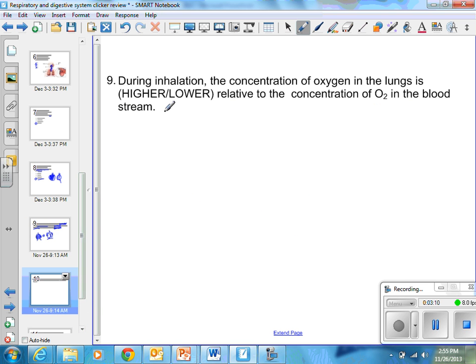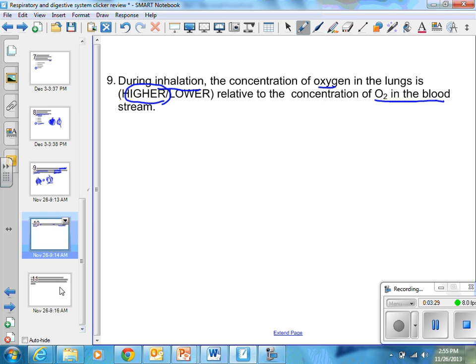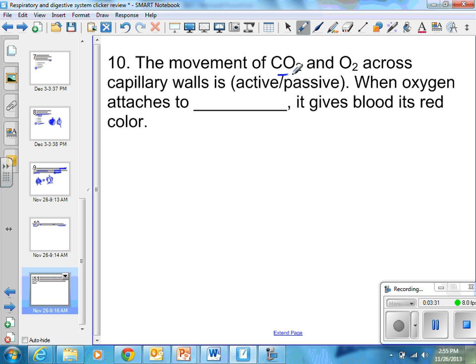Number 9, during inhalation, the concentration of oxygen in the lungs is higher relative to the oxygen in the blood. So by the time the blood circulates back to the lungs, it will have delivered most of that oxygen to your body cells, just like delivering mail. Last question. The movement of CO2 and O2 across capillary walls is passive.